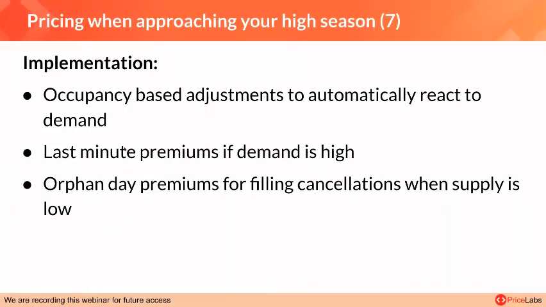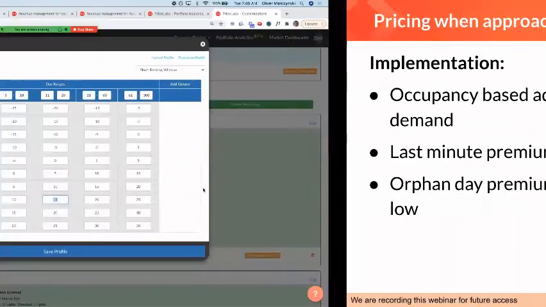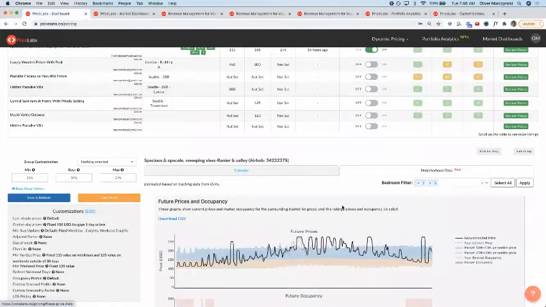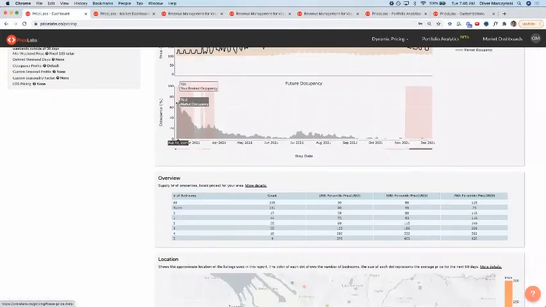And then these last two I already mentioned. So increasing your rates with those last minute premiums if demand is extremely high, and then also using those orphan date premiums for filling cancellations if you see that supply is low and people are still booking. So if we're tracking that supply, looking at that neighborhood data, tracking what percentage of your market is booked. Right now I'm in the low season and we are seeing occupancy spike up to 70%, which is super exciting.